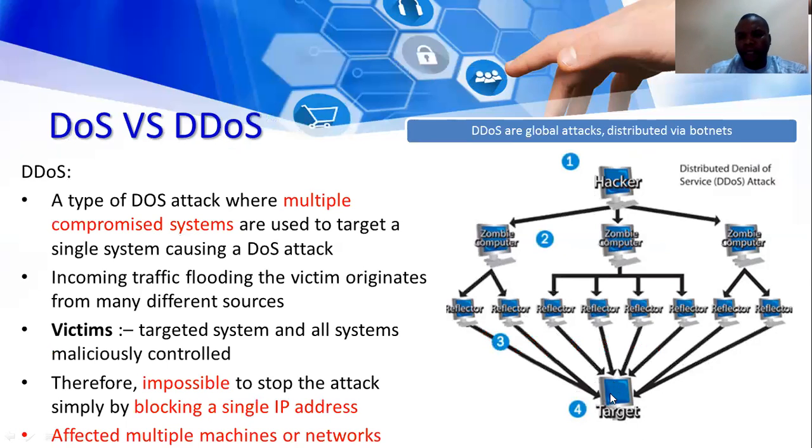In order to reach this target machine, the attacker has tried to go through different systems and different networks. Look at this. This is one network here, this is another network here, and this is another network here. And then you see these three systems here that are first accessed by the attacker. They are called zombies.